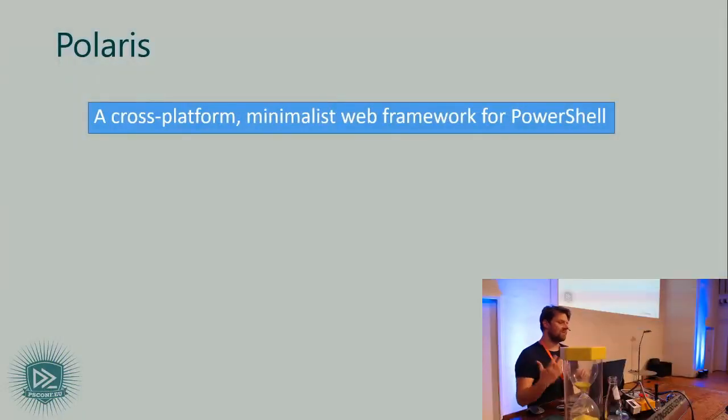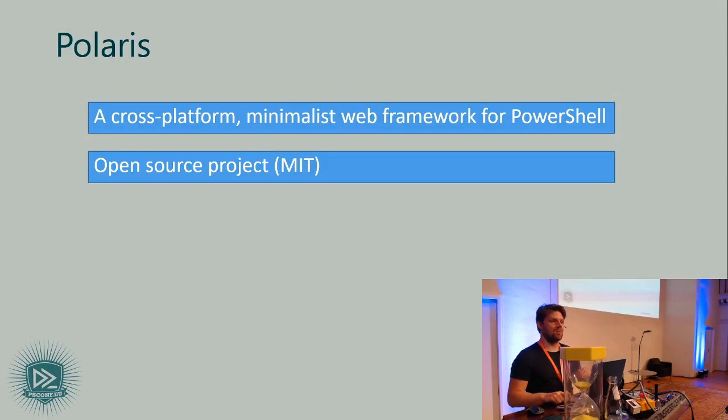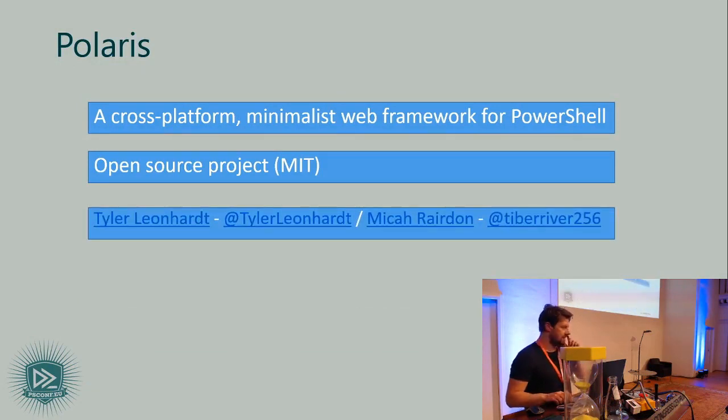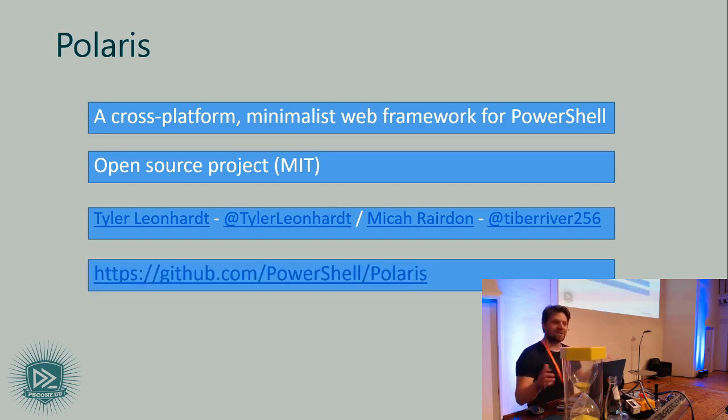Polaris is a cross-platform minimalistic web framework for PowerShell. It is an open source project under the MIT license, written by Tyler Leonard and Mika Reardon. I think Tyler is maybe not in the room, but if people have questions about Polaris, please go to Tyler. I think he's very nice, actually.